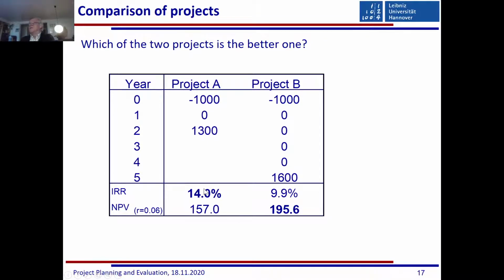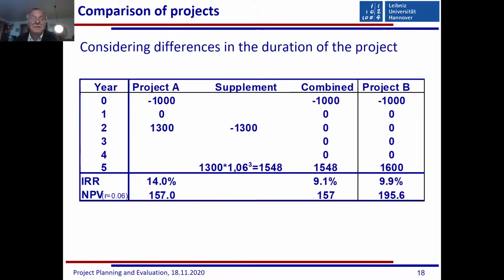And now, how do we resolve that problem? The problem is that the returns do not occur at the same time. For project B, you have to wait until the 5th year before you can earn something, and in project A, it's much faster. It's already there in year 2. So how do we solve that problem?